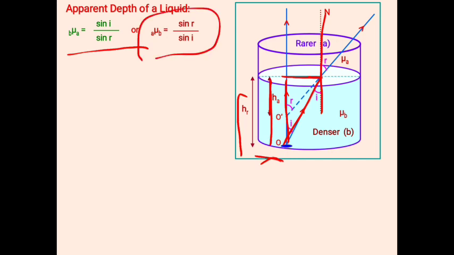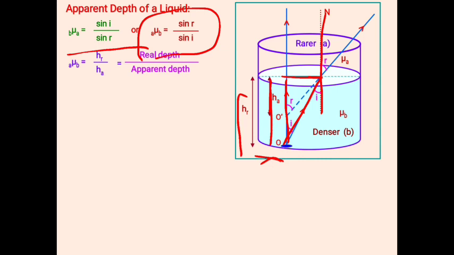I is the incident angle and r the refracted, and we know this formula from Snell's law. The refractive index from A, the rarer medium, to the denser medium is equal to 1, as we know from the previous one.